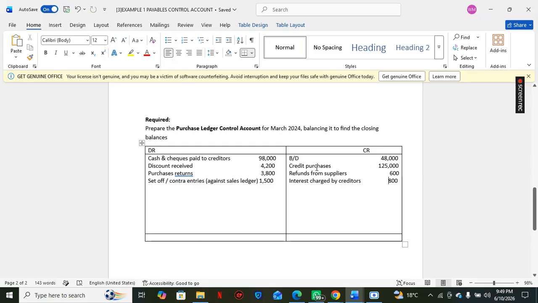We say 98,000 plus 4,200 plus 3,800 plus 1,500. So the debit total is 107,500.